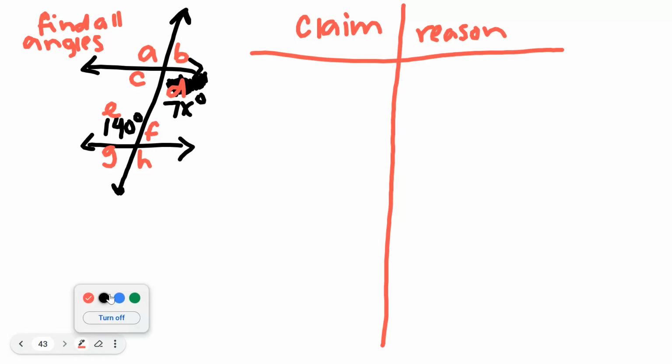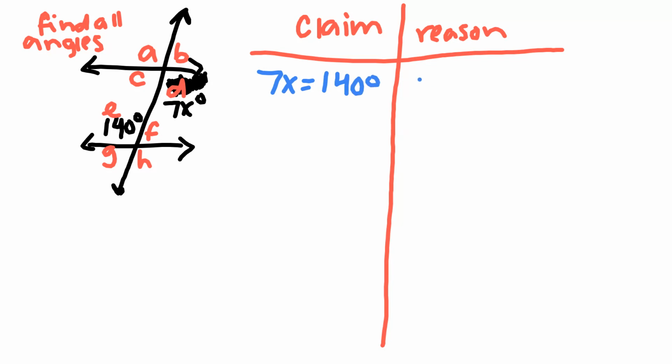My first step is that I see that 7x, or angle D, and angle E are alternate interior angles, which means they can be set equal to each other. So I can say 7x is equal to 140 degrees because they are alternate interior angles. That's my reason.